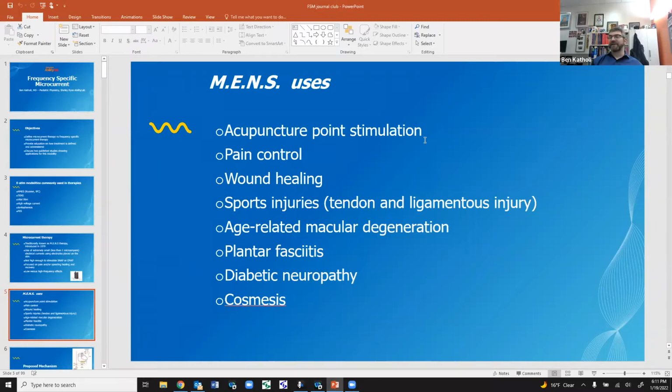And we had a lot of luck with it, but then there were some patients that weren't responding, and we started to look at what else was out there in terms of electrical stim. And I played with a lot of different devices to try to figure out what would be good for the rehab population. And I stumbled across FSM.